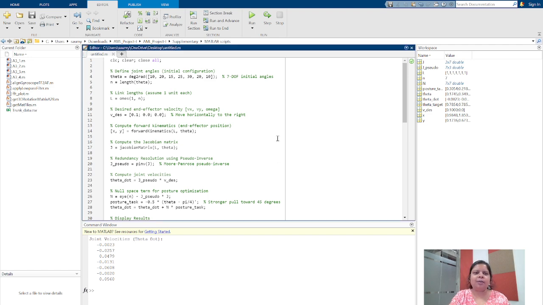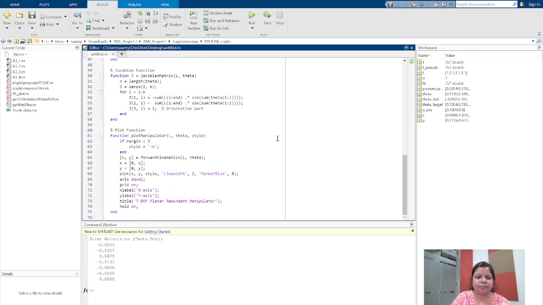Okay, so this is the MATLAB code that I already showed you. It has the same thing written over here. I just copied from here and pasted it there. And when you run it, you can see. I hope this is visible.